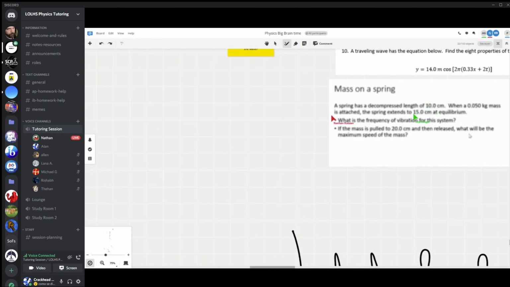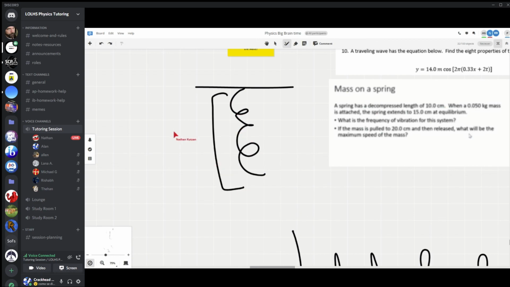All right. So this one is dealing with a vertical spring. So we have a spring, and with no mass on it, its decompressed length is going to be 10 centimeters, or 0.1 meters. Then we place on this a cube or something, some mass, that is 0.05 kilograms.